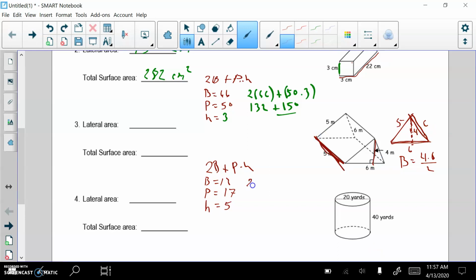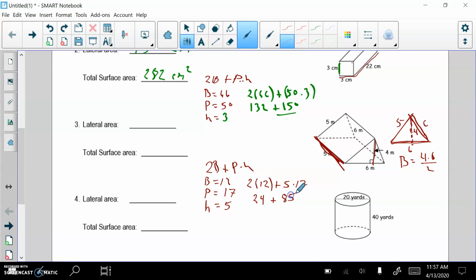So 2 times 12 plus 5 times 17. Now, of course, I'm okay with you using calculators on this. I'm just going to not switch back and forth to my calculator screen because it kind of messes everything up. 5 times 17, I believe, is 85.